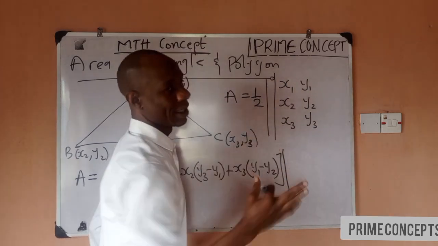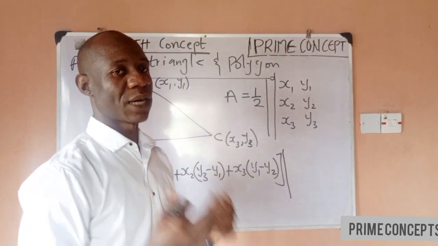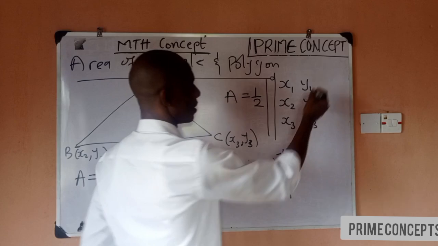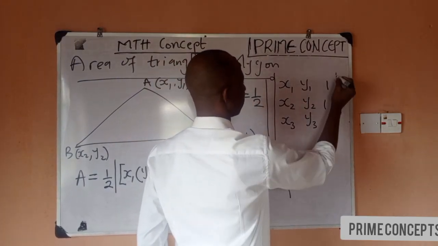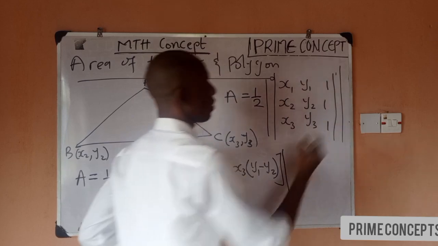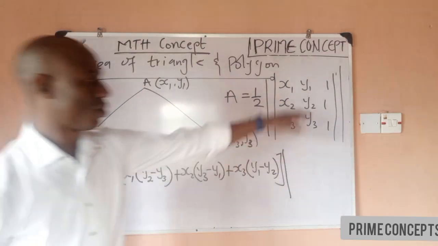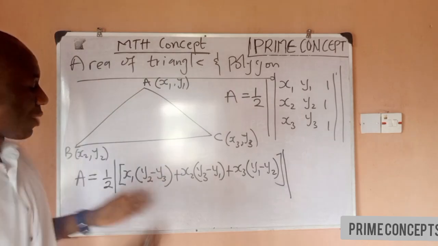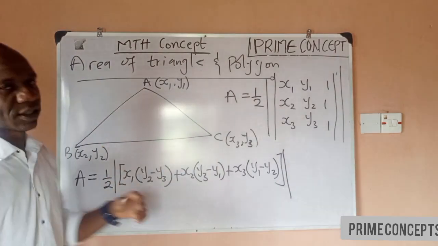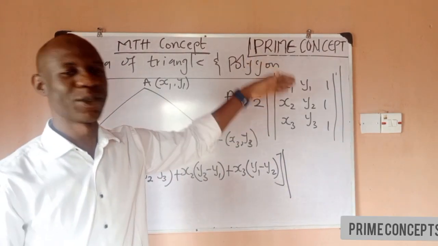Now to make this a 3 by 3 matrix so that we can find the determinant, we'll just put 1, 1, 1, because when you multiply something by 1, it does not really change it. So this is a formula you can also use that will give you the same result as this one. I believe this one is easier to remember, right?